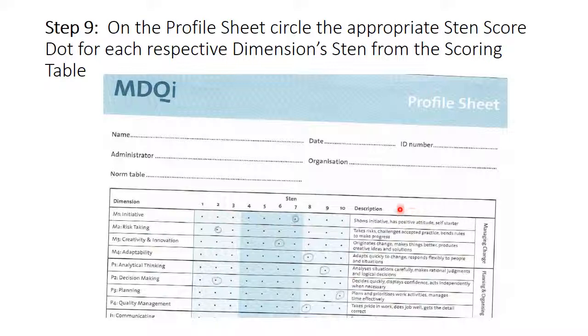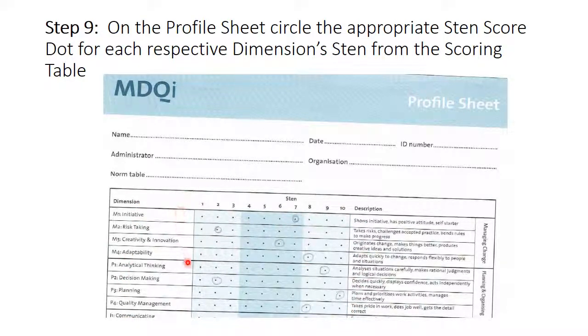Again, what you'll need to know and do is you want to look back at your scoring table and look for the initiative, dimension, or competency. Look for the STEN score that you have written in that far right box, and then find that STEN score along here and go ahead and circle it.